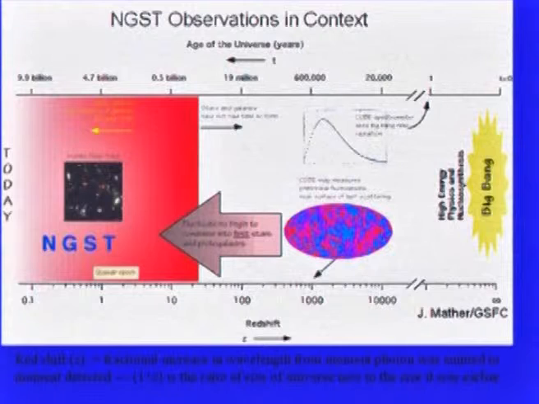Again, this puts NGST in some context with other NASA missions. On this plot, you see time here from left to right, or redshift. This is a measure of the expansion of the universe, the fractional expansion of the universe, or the shifting of the light into the red. COBE imaged the universe over here at sort of the surface of last scattering, millions of years after the Big Bang. HST images the near universe.